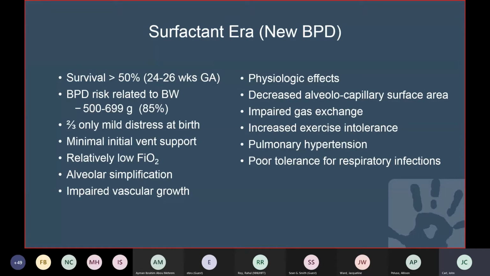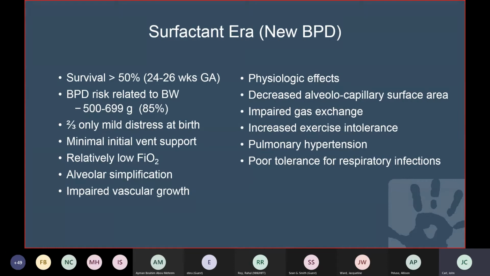And with the BPD risk related to birth weight, only two-thirds of the patients have only mild distress at birth and require minimal initial ventilatory support with relatively low supplemental O2 levels. The alveolar simplification and impaired vascular growth, however, manifest as other features of growth go on.